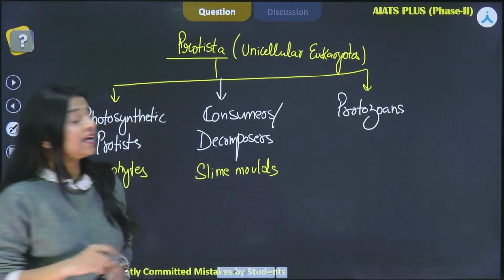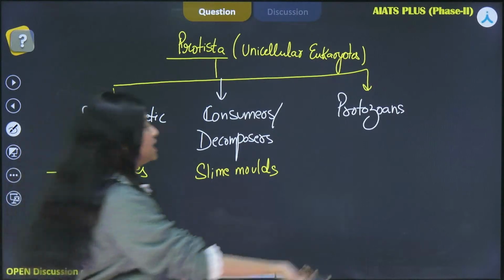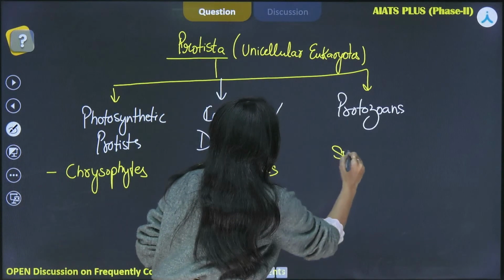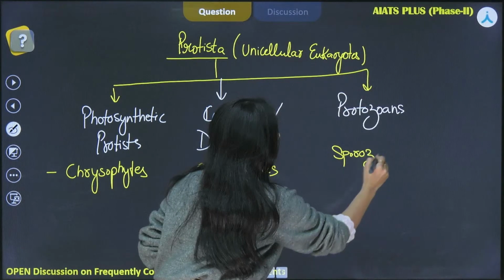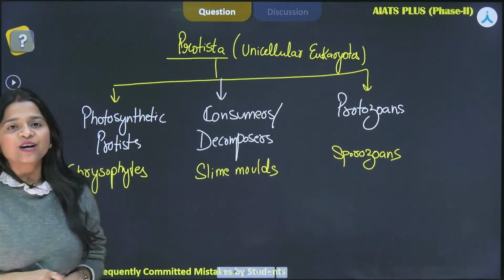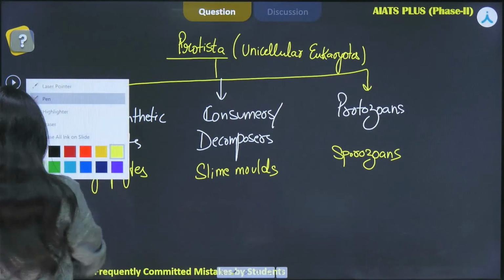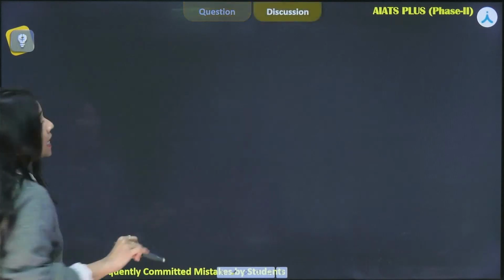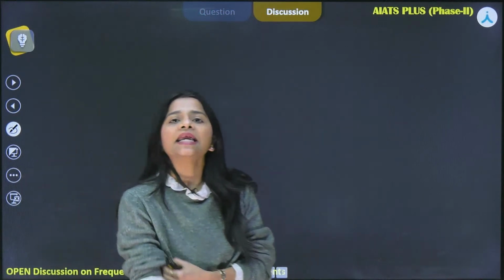And if we speak of protozoans, we can simply mention sporozoans. Now we have to focus on chrysophytes. So let's cover the chrysophytes. What are the characteristic features?